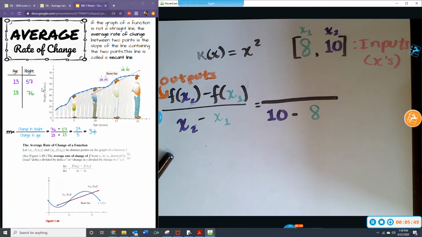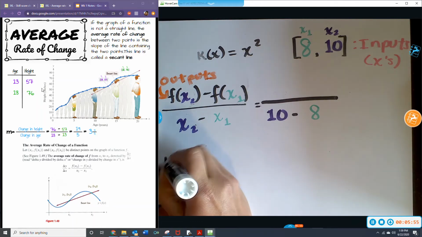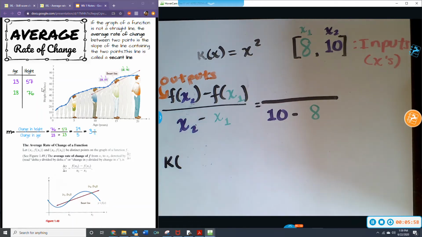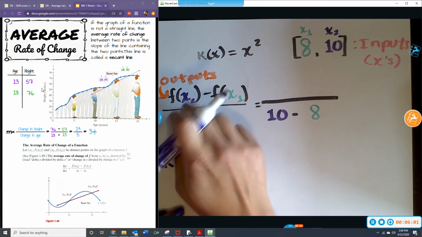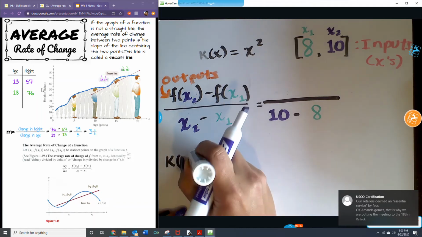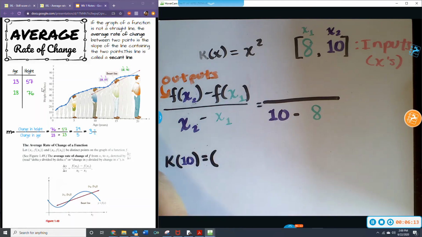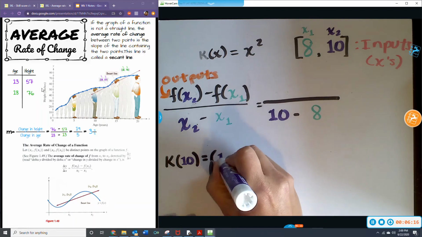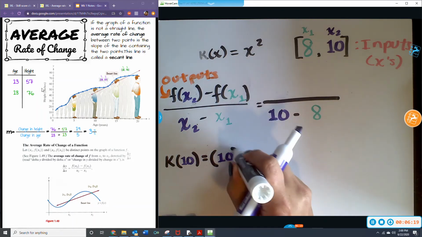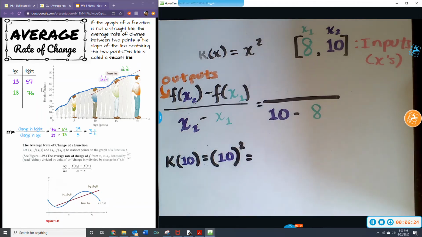I'm going to write this one out and say K of, and I'm going to start with my x sub 2 because that's the first one I need, which is 10, K of 10. Then I'm going to write equals, and here's my x that I'm going to put 10 into, and then I'm going to square it. I will not judge if you want to use a calculator, which I know everyone has on their Chromebook.